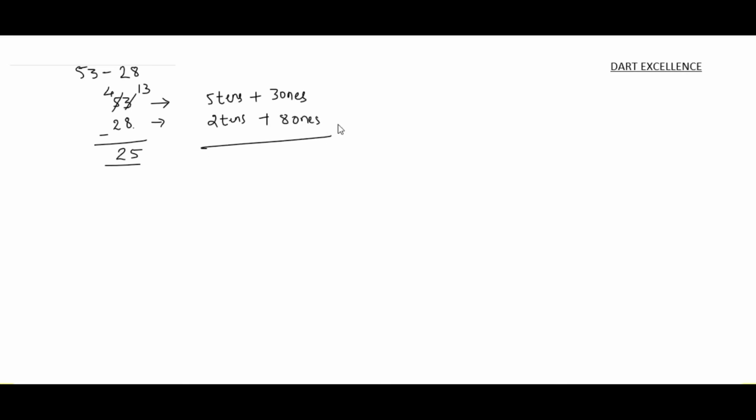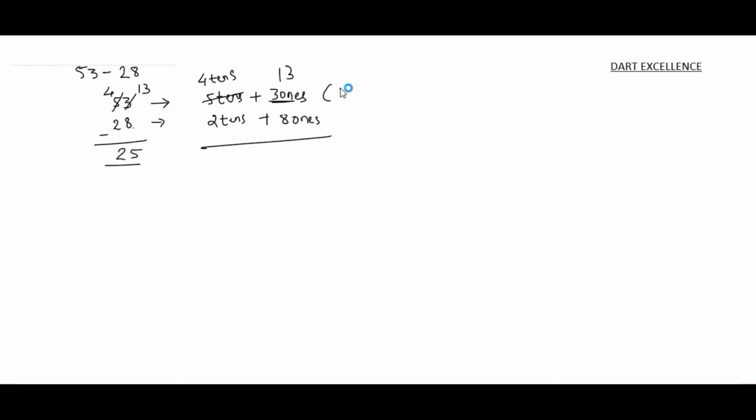When we subtract it, we can see from 3 ones we can't take away 8 ones. So what do we do? From 5 tens we will borrow 1 tens. So we will be left with 4 tens. When we borrow 1 ten from here, these 3 will become 13.